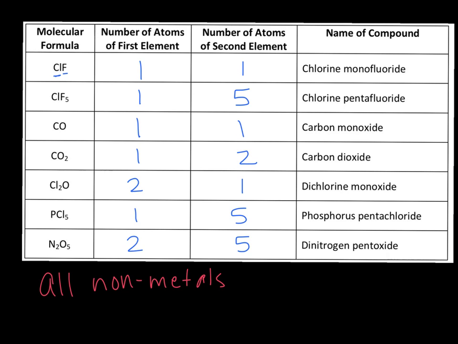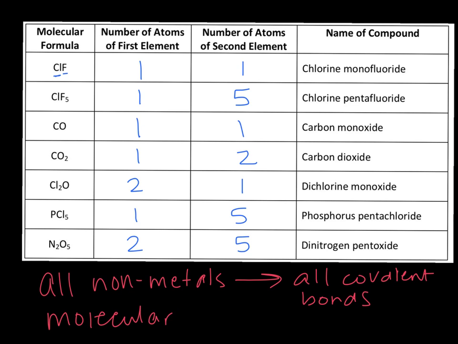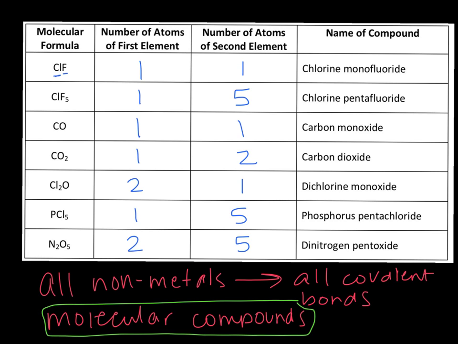And if they're all nonmetals, what kind of bonds have to form between those elements? They're covalent bonds. And so if it's all covalent bonds, then we call these molecular compounds.